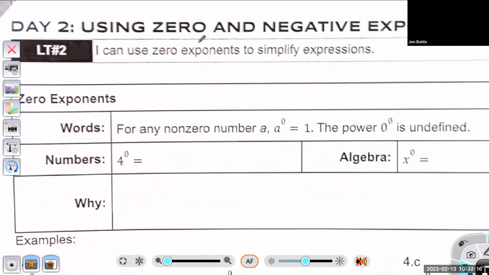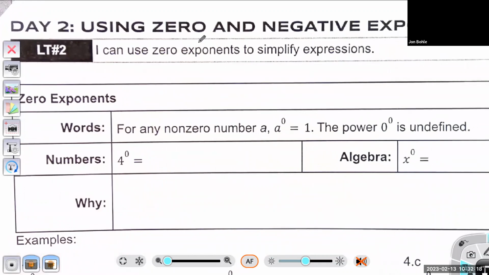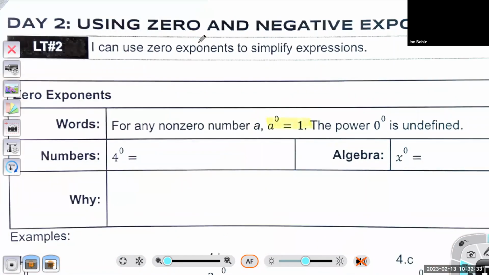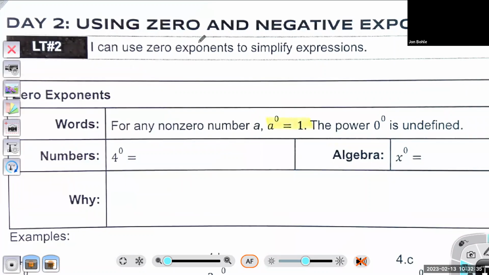All right. So this is actually the second learning target of the chapter, the ability to use 0 exponents to simplify expressions. Okay, 0 exponents. For any non-zero number, a to the 0 power is 1. It's just 1. With the exception of trying to take 0 to the 0 power.